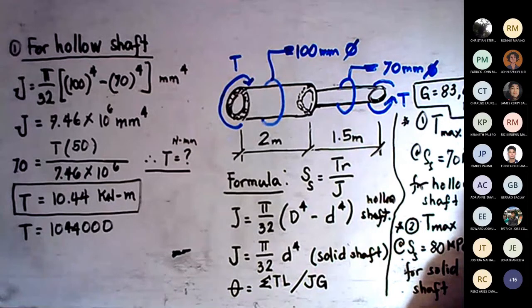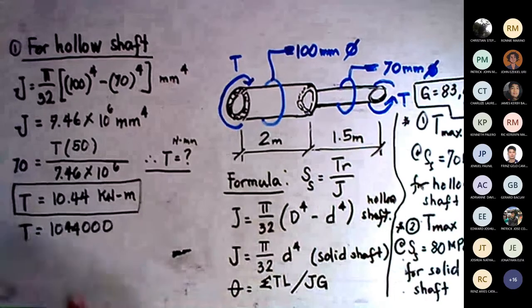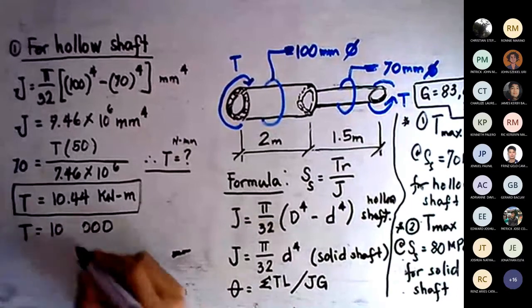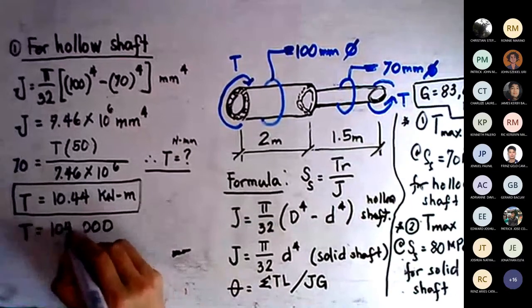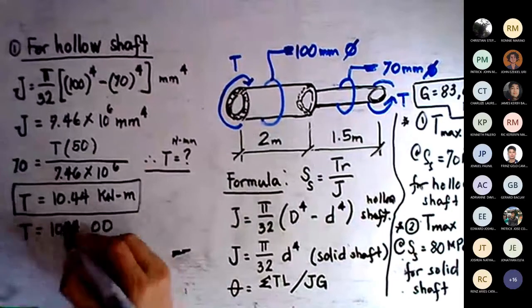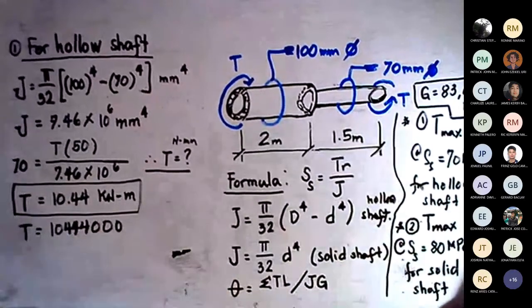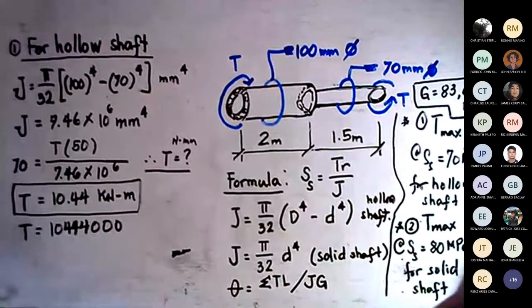7.46 times 10 to the 6 times 70 divided by 50. Okay. 3, 4 pala. Ten, 4, 4, 4, 1, 2, 3.